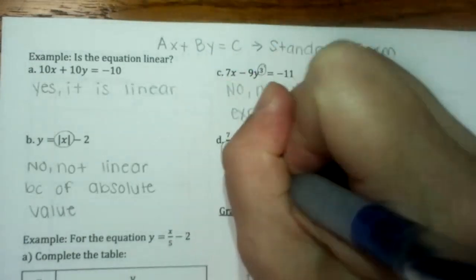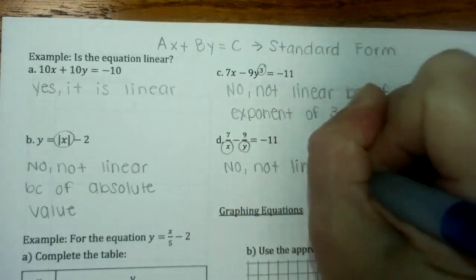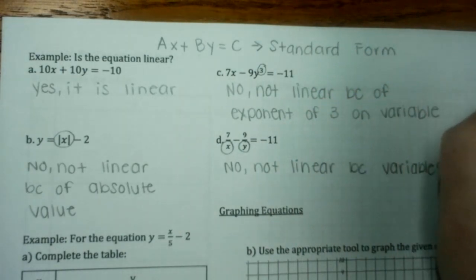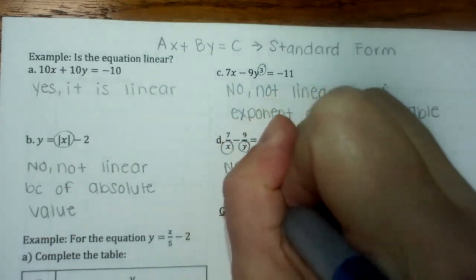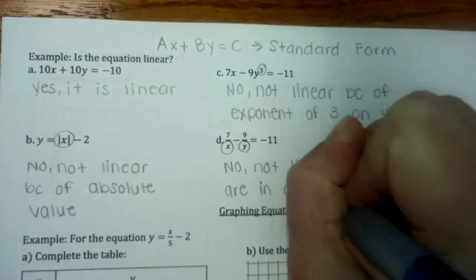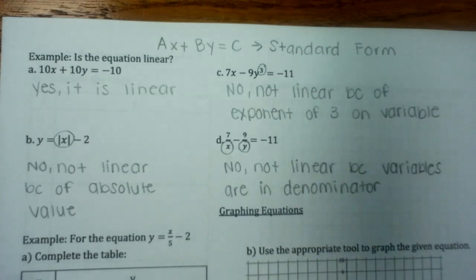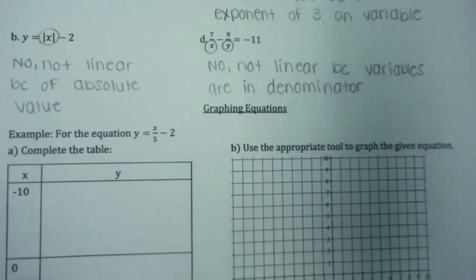So no, this is not going to be linear either, because my variables are in the denominator. So that's what graphing would look like. We can just look at the equation and say, okay, is it going to be a straight line or not?